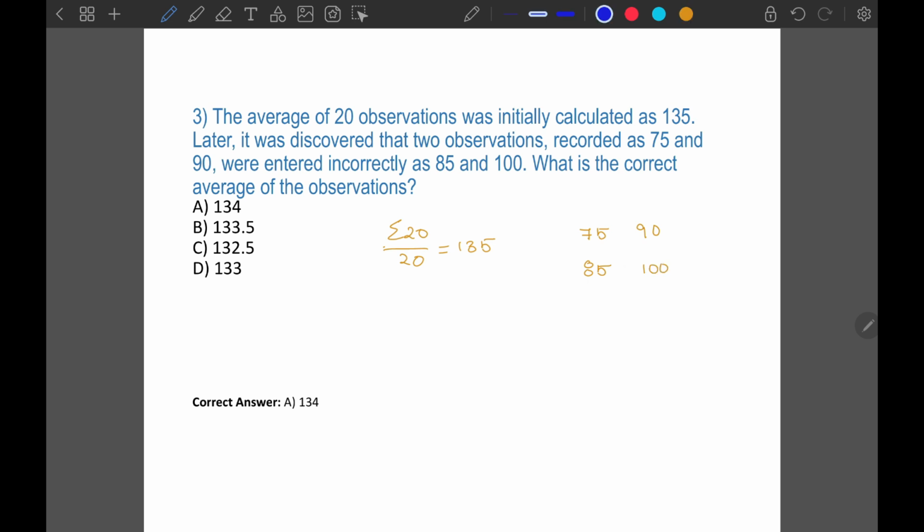So the correct sum should be higher than the mistakenly entered sum, so the difference is positive 20.